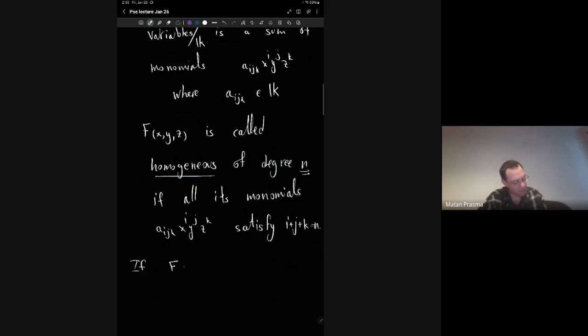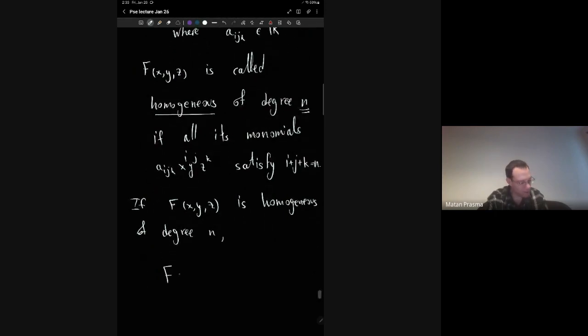So if F is a homogeneous polynomial of degree n, what happens when I plug in, instead of x, y, and z, lambda x, lambda y, lambda z? I simply get lambda to the n times F(x, y, z).